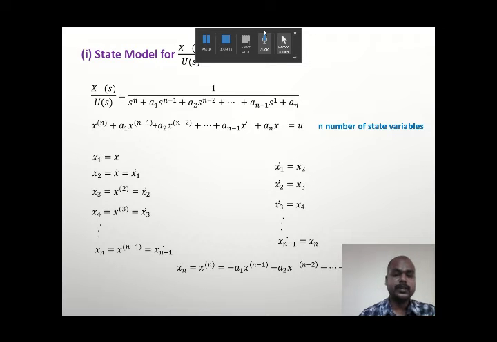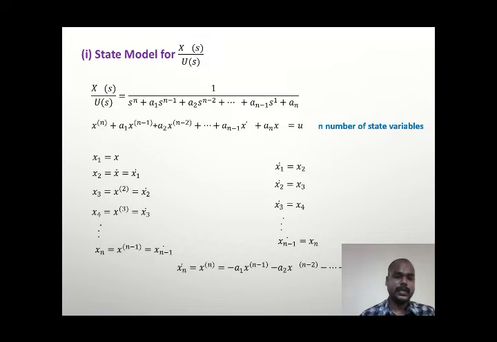So xn dot, as I have told you, means the nth derivative of that variable x, and this entire equation represents the n number of states, so that will be for the final xn dot.